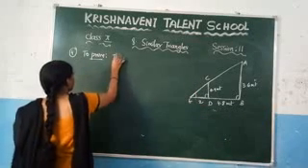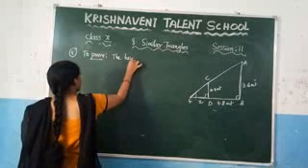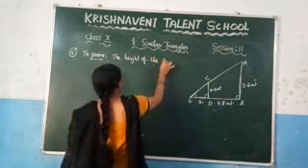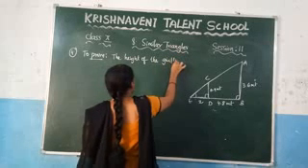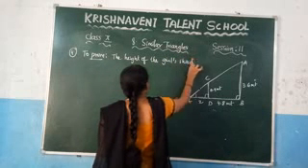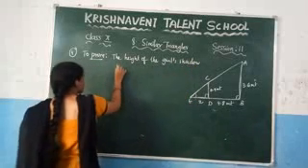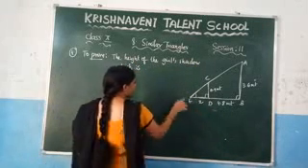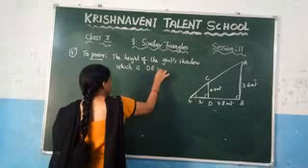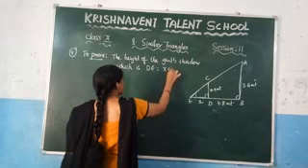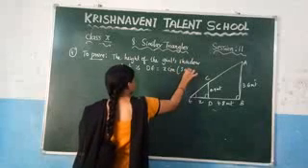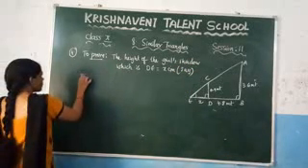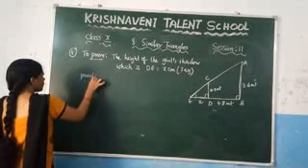So to prove the height of the girl's shadow, which is nothing but what is that one, which is D. Let us take it as x centimeters. So this is we need to prove. Now write the proof of this theorem.